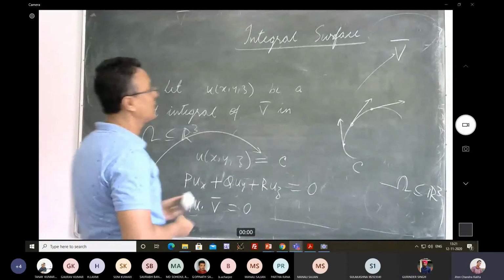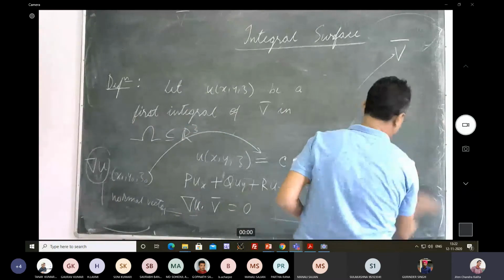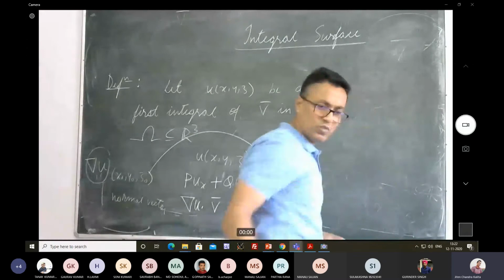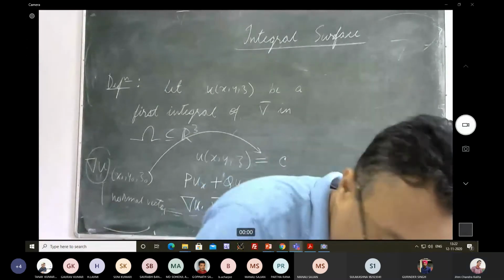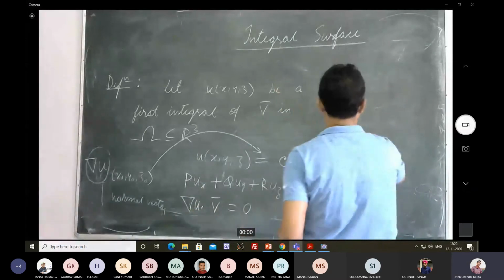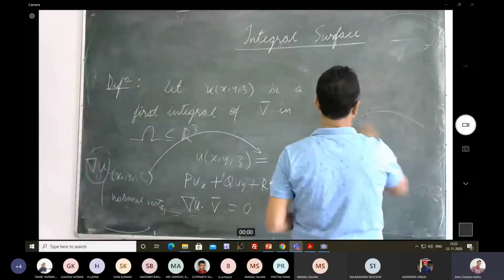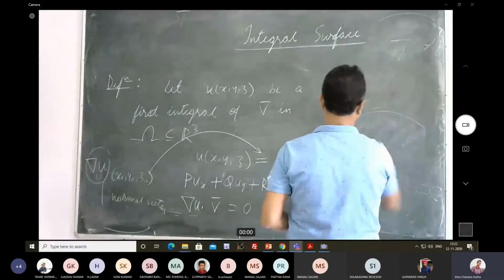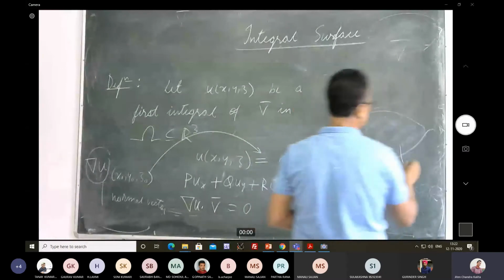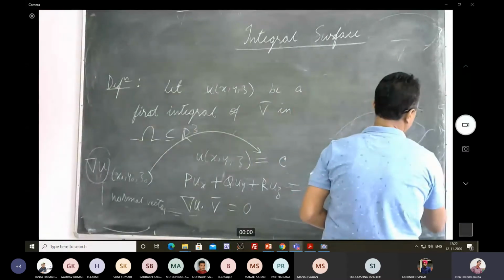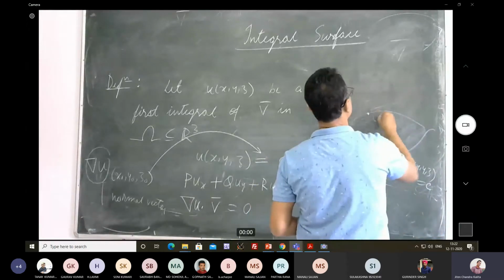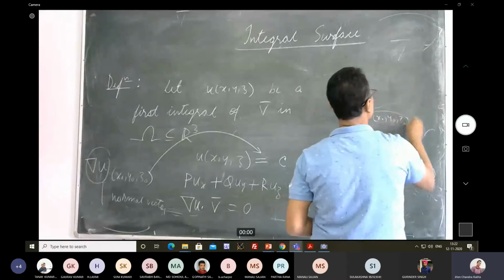Now you can visualize. Earlier, whatever information we had was kind of incomplete, or we were not able to visualize it. But now see, suppose this is the surface u(x, y, z) equal to c. Now suppose I have taken this point x naught, y naught, z naught.